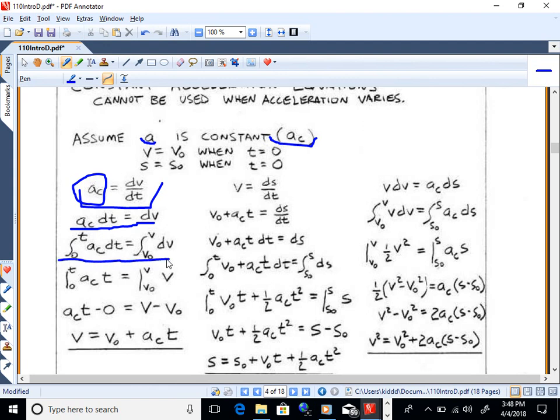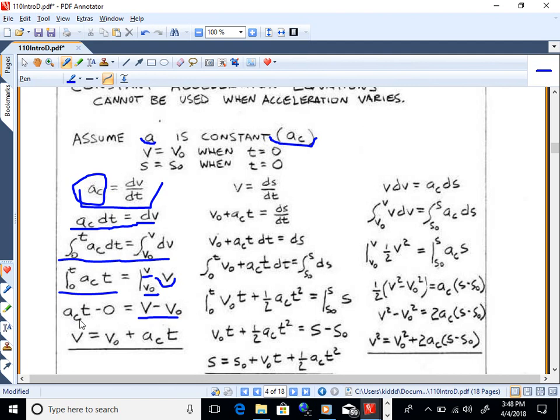If we integrate dv, we just get v. And the limits on that would be the initial velocity and the final, so that would end up being v minus v0. And then if we integrate a_c dt from 0 to t, we'll just get a_c t. We don't really know the nature of a_c, it's constant, it's just a number. So when we integrate it, it's just times time.